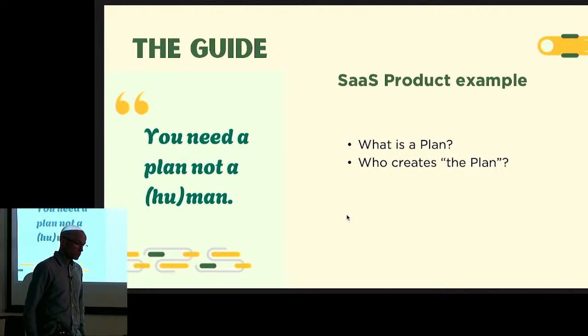The guide: I have had a SaaS product founder come to me looking for what they thought was a developer to develop in Drupal. It's a SaaS product looking to develop some things that they had on their roadmap, but they were actually lacking a strategy. There was no real plan of why they were doing anything.